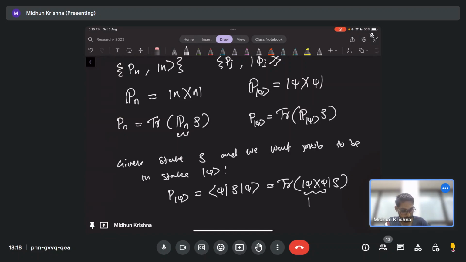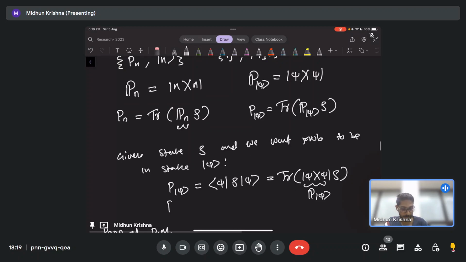This is called the projection operator. When I write normal p, it's probability. When I write this with a vertical line, that's a projection operator.